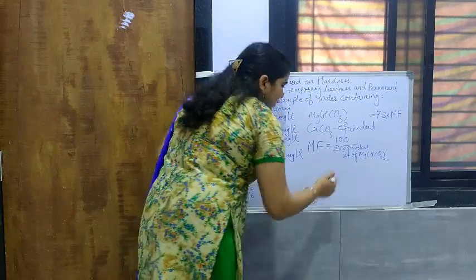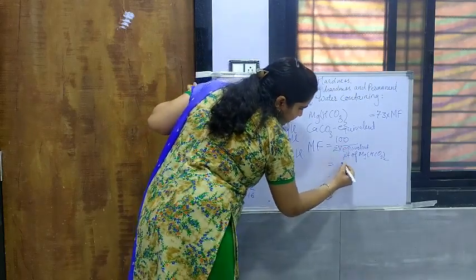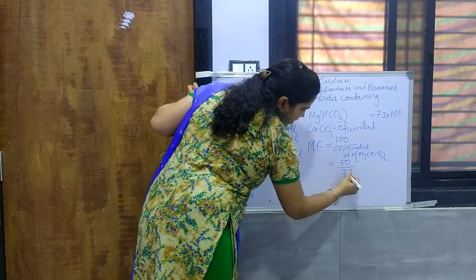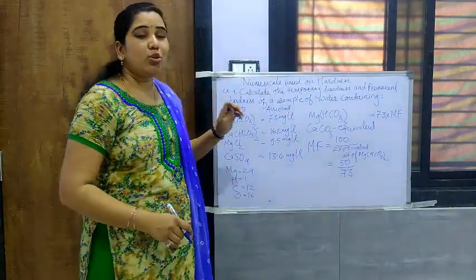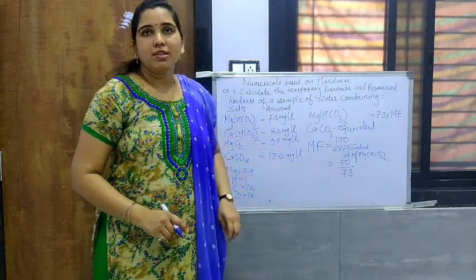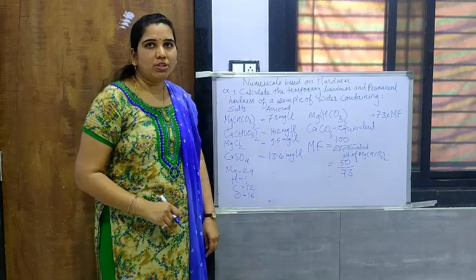We can get this equal to 100 upon 2, that is 50, upon 73. So this 50 upon 73 we will not calculate in decimals, we will simply keep it as such, 50 upon 73, for our ease of calculation.